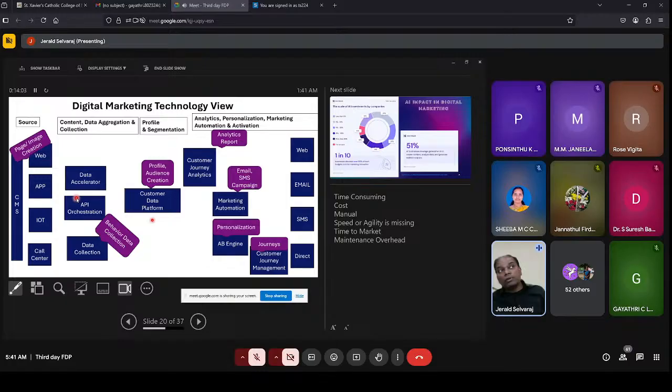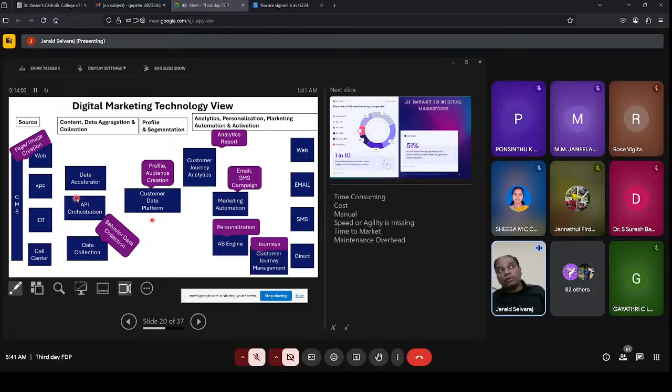You can look at this diagram. Overall, 1 in 10 companies spend more than 30% of their money on AI technologies. Okay, and that is the key focus.